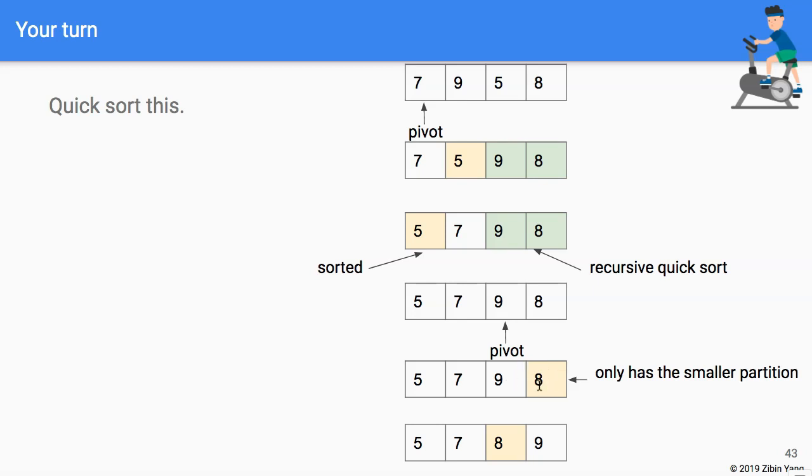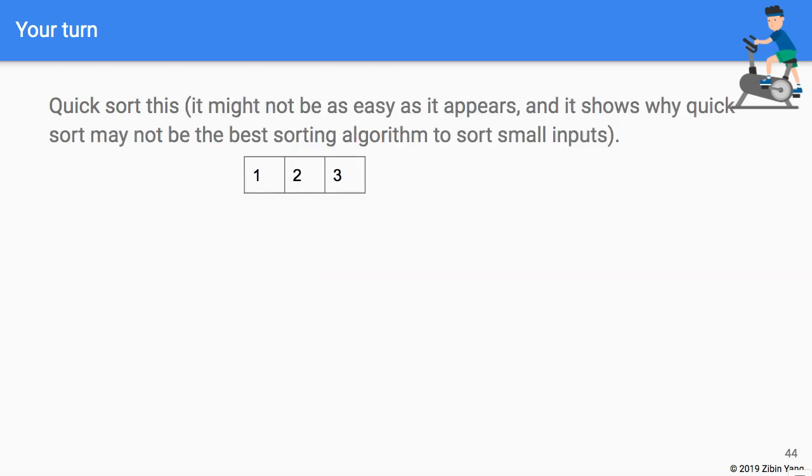And then remember, we do a swap of the pivot with the last element of the smaller partition. So we swap 8 and 9, and now this whole list is sorted. Okay, so hopefully that makes sense. I'm going to ask you to do one more exercise, and that is to sort the smaller partition from our previous example, just 1, 2, 3.